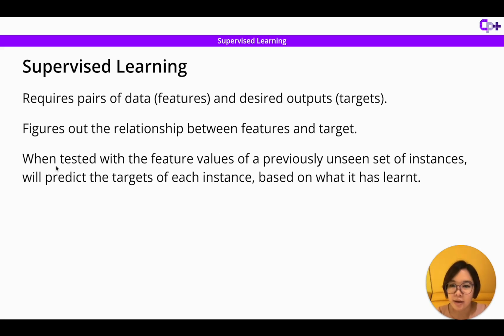And then when you test the machine with certain values of features, even for unseen instances, it will be able to predict the targets for each instance. So what this means is, if I give it a new, previously unseen question, it will be able to predict a reliably accurate answer.